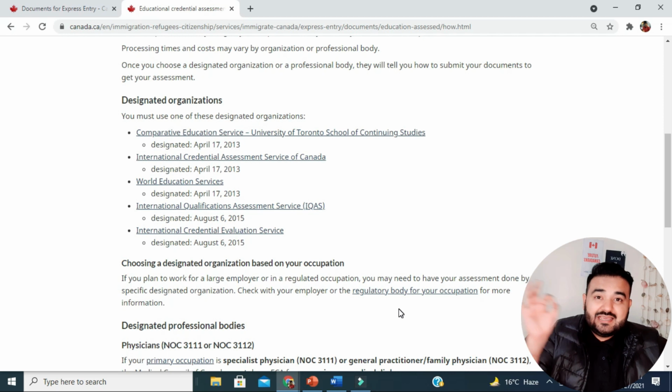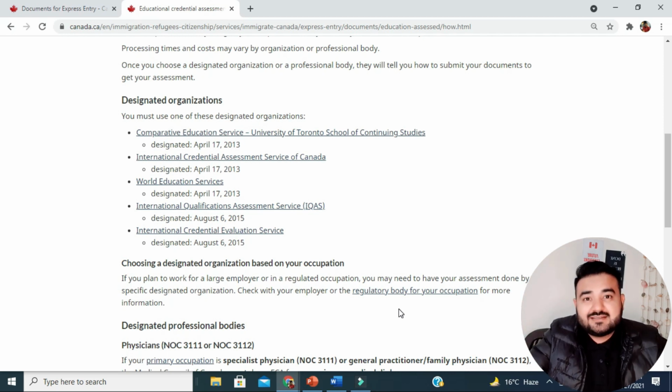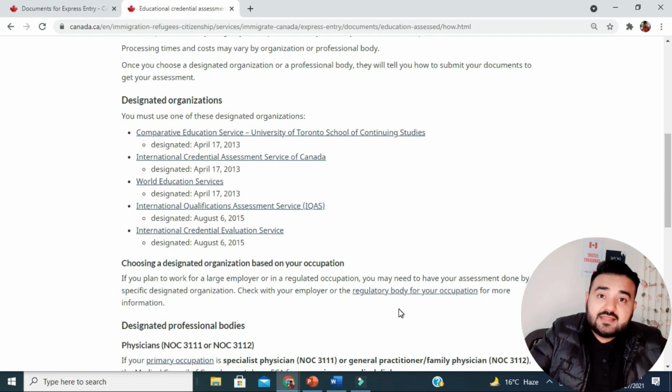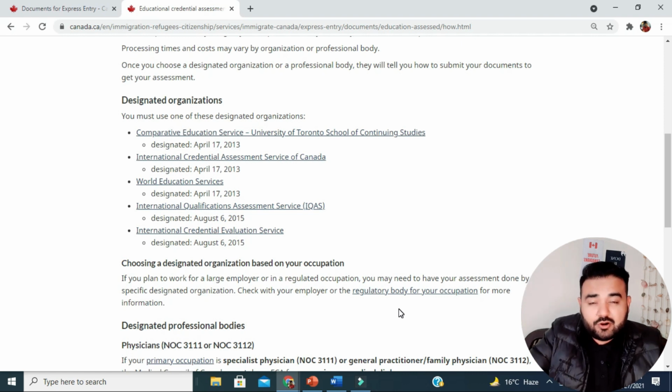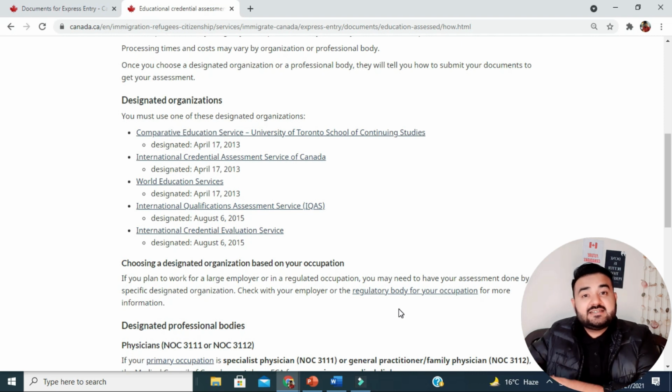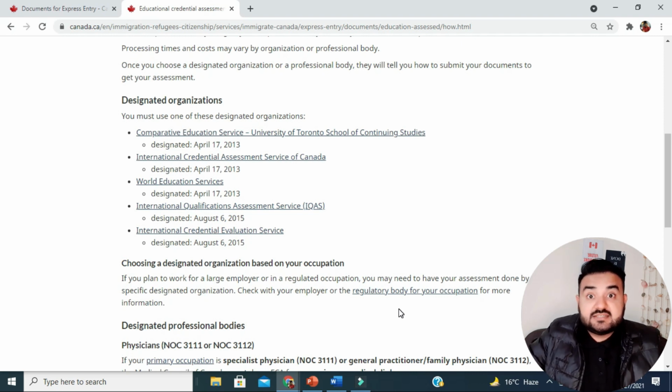Checking your eligibility, whether you're eligible for Express Entry or not, is essential. And after you have done that, the second step is the ECA, getting your degrees evaluated by Canadian bodies to get them assessed on whether they are accepted in Canada as they are or not. Okay, so that is a mandatory step, and if you have not completed it, you cannot apply through an Express Entry profile.